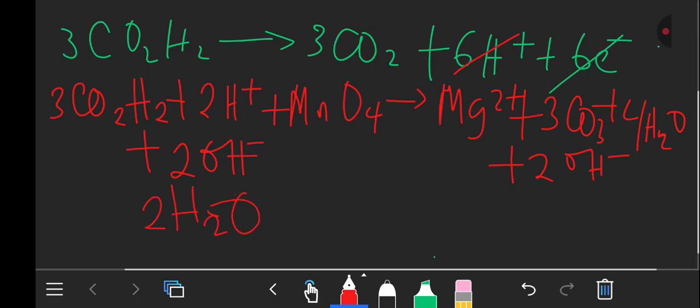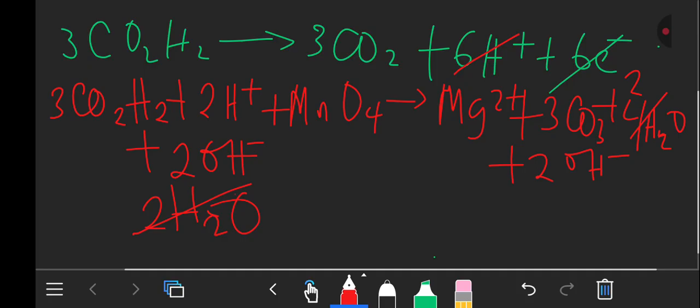In a neutralization reaction, when a hydrogen ion reacts with a hydroxide ion, they produce water. So we'll have 2 water molecules here once this undergoes neutralization. But on the product side, we have 4 water molecules. So these water molecules will simply subtract, in short. So we're going to remain with 2 water molecules there.